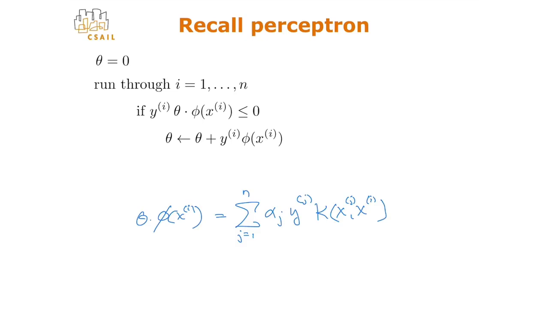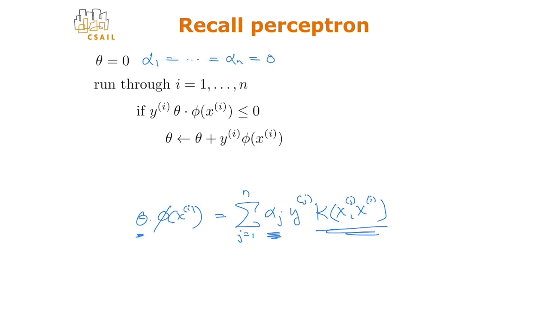Okay? So we want to now express that algorithm in terms of the kernel values and the mistakes that we make. Okay, so initialization: theta is all 0. That means we haven't made any mistakes so far. So the corresponding initialization in terms of alpha is just to set all the alphas, one alpha for each training example, to 0.